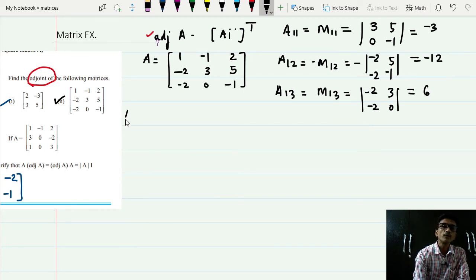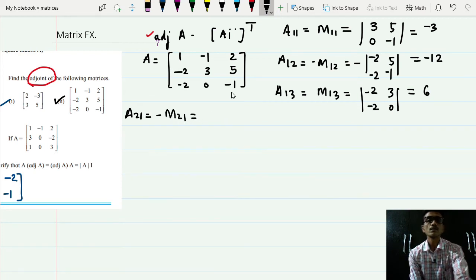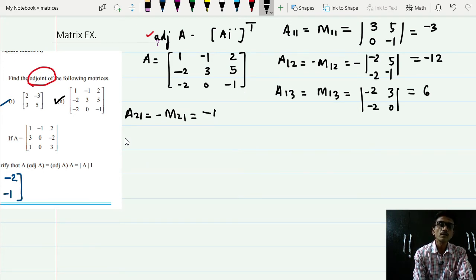Then A21 is equal to minus of M21, which is minor of this element, second row and first column. So directly I will write the expansion here, 0 and -1. A22 is equal to M22. Second row और second column आपको delete करना है.